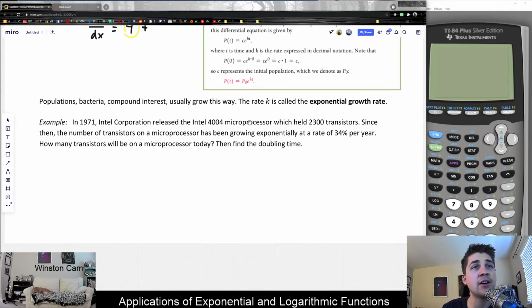If it has undergone the same uninhibited growth, how many could we expect today? And I don't remember offhand how many transistors we find on today's microprocessors, but it is an absurd number that we can actually fit on things, which explains the power of modern computers. Anyways, let's just get right to it.